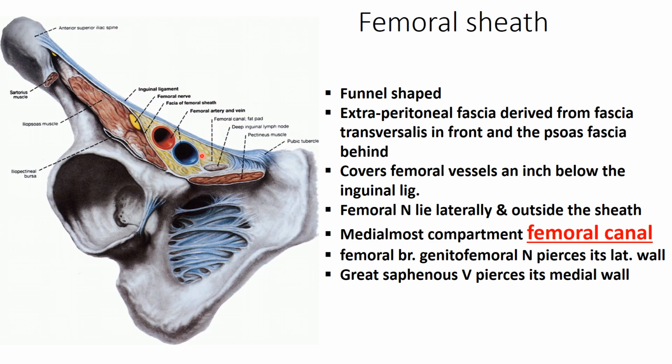Now this portion covers the femoral vessels an inch below the inguinal ligament, and the femoral nerve lies laterally and outside the sheath, because laterally this psoas fascia fuses with the fascia transversalis and the inguinal ligament. So laterally they are fused, and as we know, the femoral nerve lies more laterally in the gap between the iliacus and psoas major.